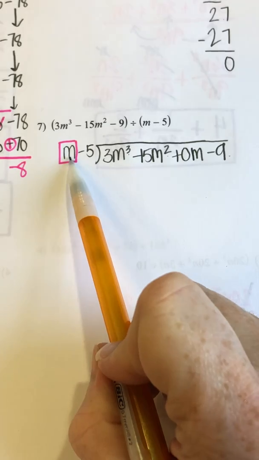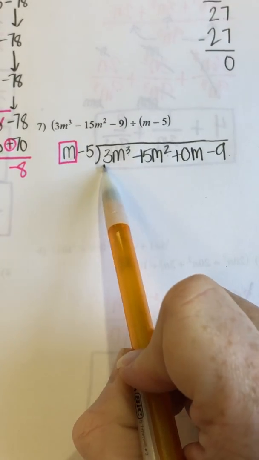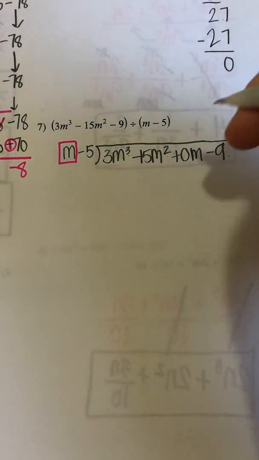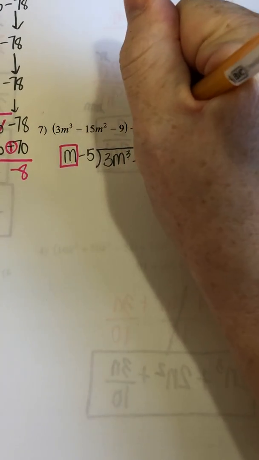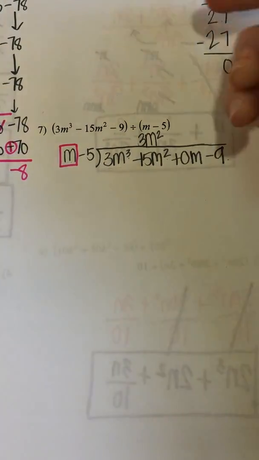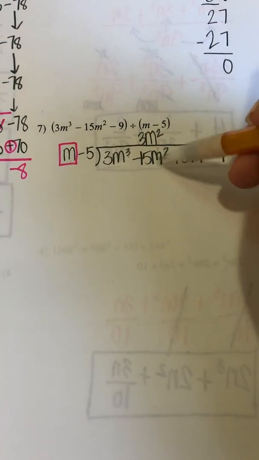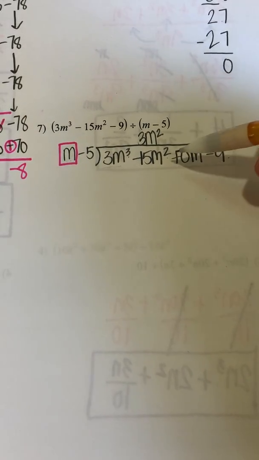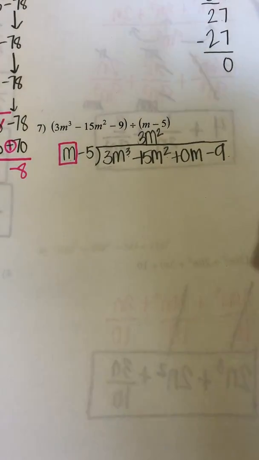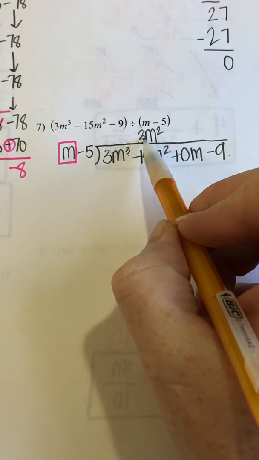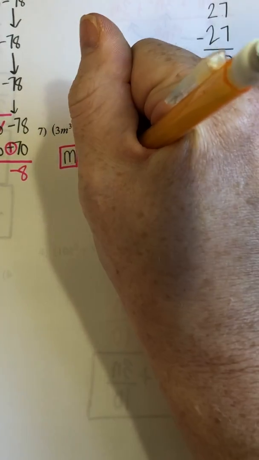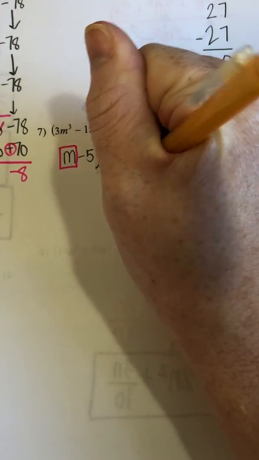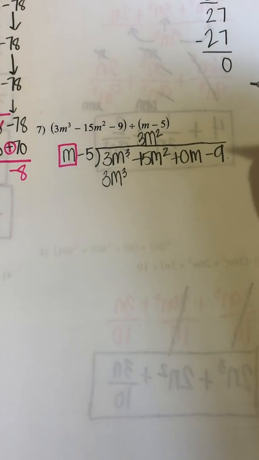What can I multiply by m so that I get 3m cubed? 3m squared. Notice I'm kind of trying to keep those lined up on top of the ones that have the same term. Okay? 3m squared times m is 3m cubed.